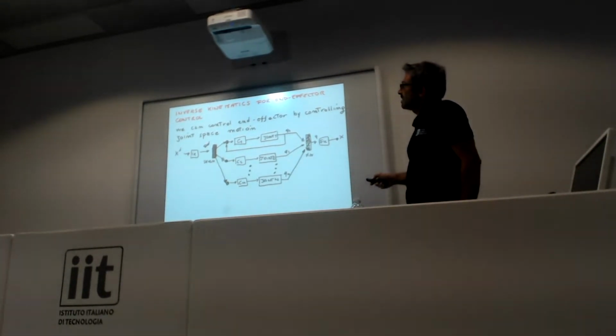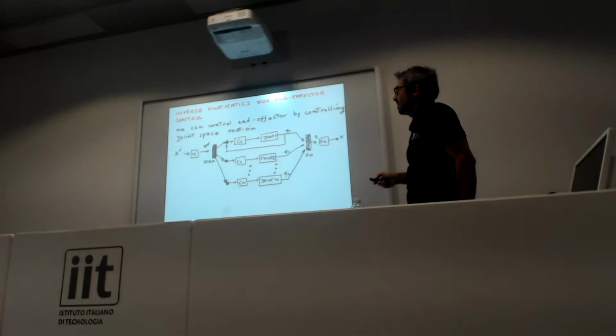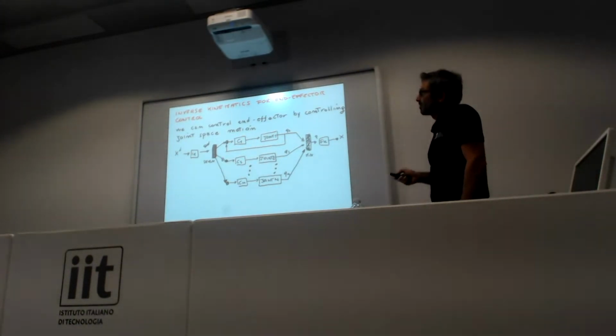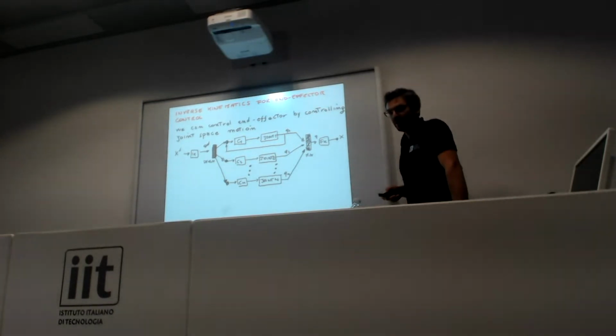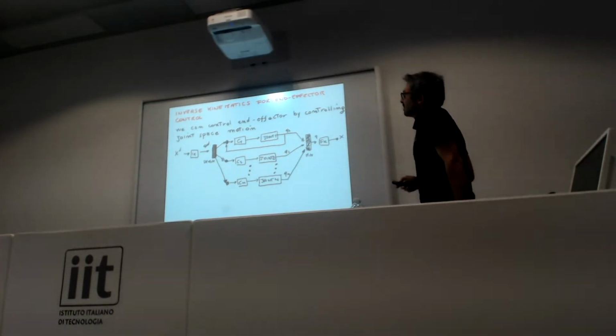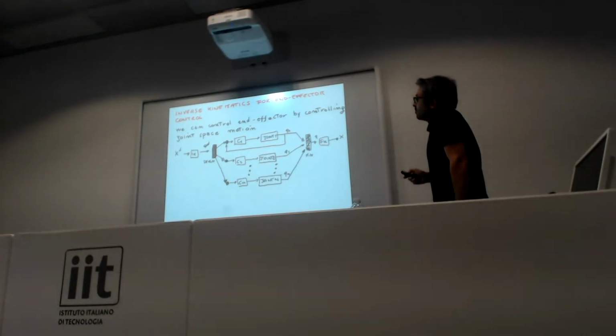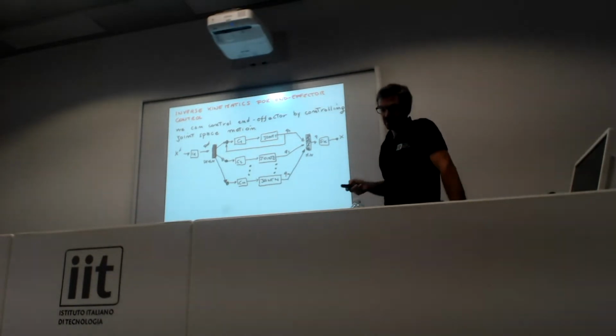And as you can see, for each joint we have a desired joint trajectory, and each controller, this is a decentralized controller, will take care of controlling its joint. Then, to measure the position of the end effector, we can do forward kinematics from the joint measurements and get an estimate of the end effector position.